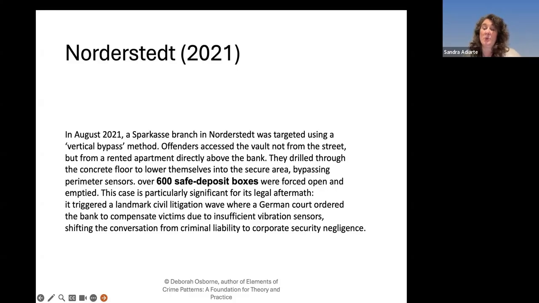We're assuming something similar to happen in the first case. And the level of planning had to be there for renting an apartment above the bank. You don't usually rent an apartment in one day. So there was planning involved in this.